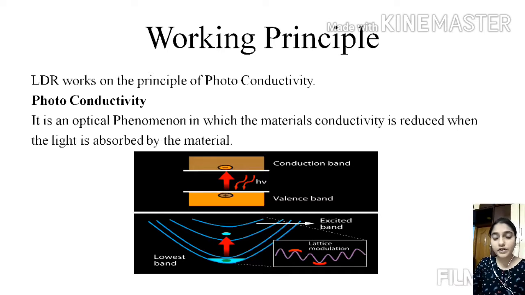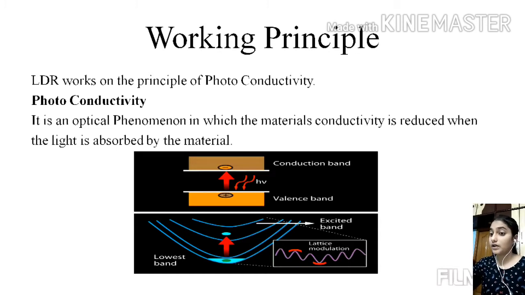Photoconductivity is an optical phenomenon in which the material's conductivity changes when light falls on it. You put a sensor to an object, right? And we are going to check the light sensitivity of that object.